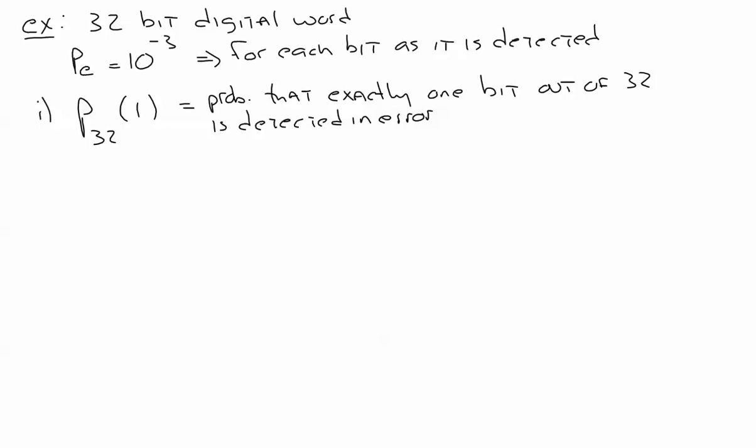All right. Well, we can use our relationship from the previous slide, and we find this probability that out of 32 bits, exactly 1 is in error is 1/1000th raised to the first power times 0.999, the probability of not being detected in error, raised to the 31st power times the number of combinations of 32 things taken one at a time.